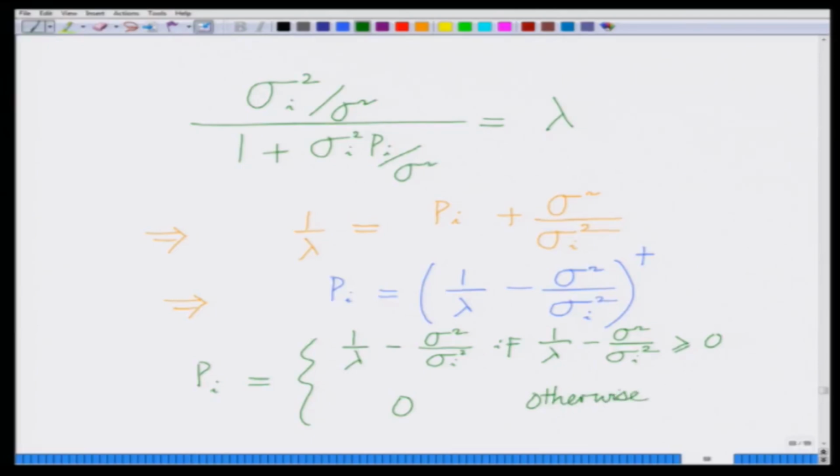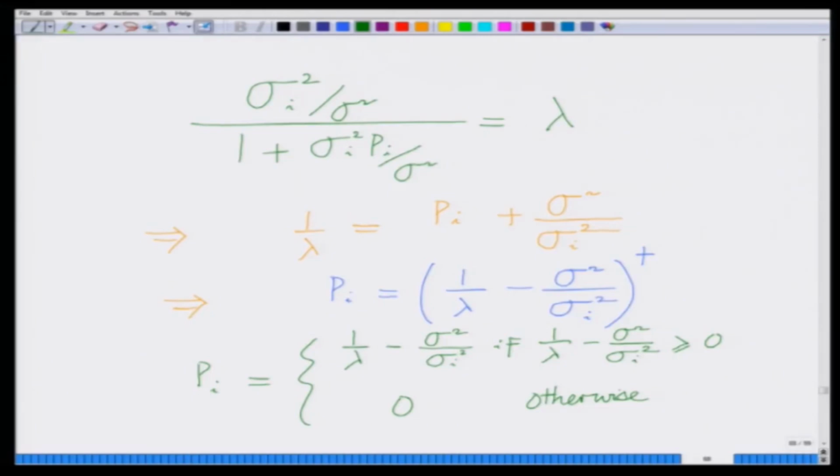So, what we are saying is that the power P_i which maximizes the sum rate, or which achieves the capacity of this MIMO wireless communication system, is given as P_i equals (1 over lambda minus sigma^2 divided by sigma_i^2) superscript plus, that is, P_i is equal to 0 if 1 over lambda minus sigma^2 divided by sigma_i^2 is less than 0.